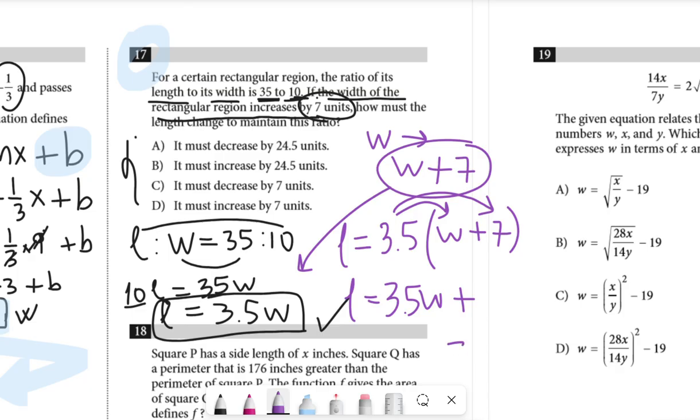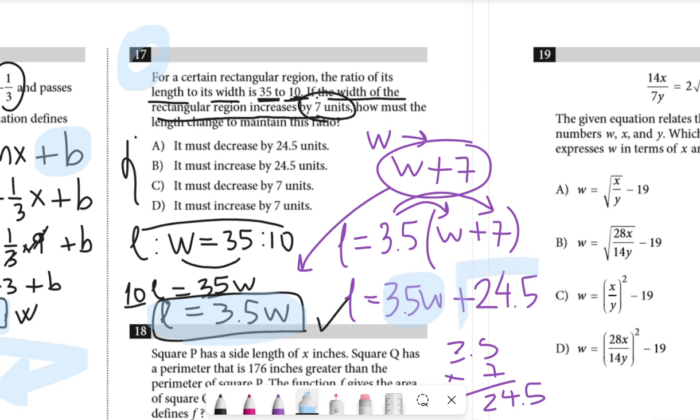If you multiply 3.5 by 7, then you get 24.5. So we see that our length was 3.5 times width. The length will now be 3.5 times width plus another 24.5. So it means it must increase by 24.5 units.